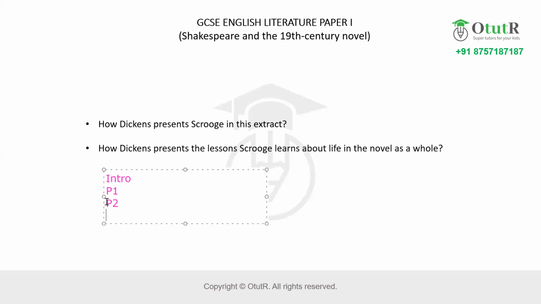Paragraph 2. So, Cratchit's family has been used as a powerful symbol of the hard-working poor. So, the conventional outlook to the poor at that time, in the Victorian era, was to look at them as lazy, people who don't want to work.